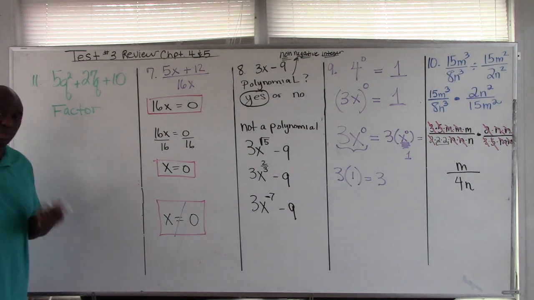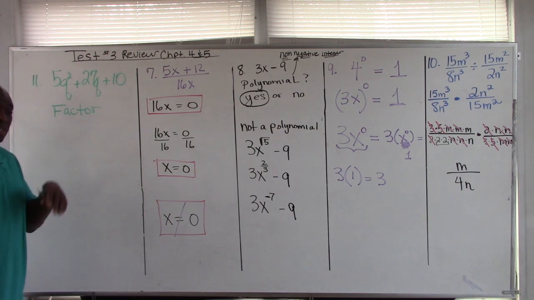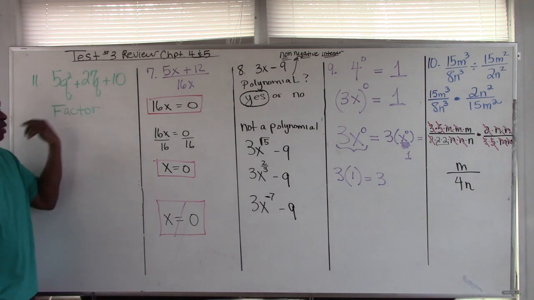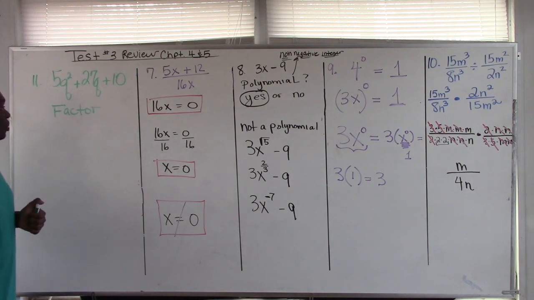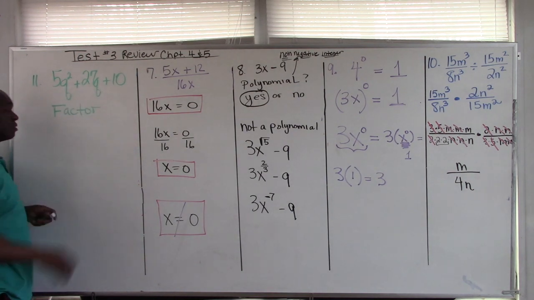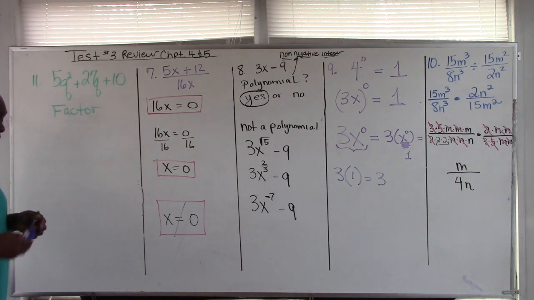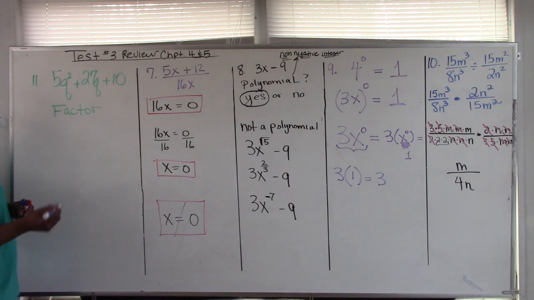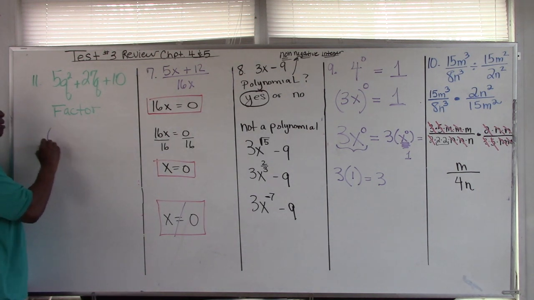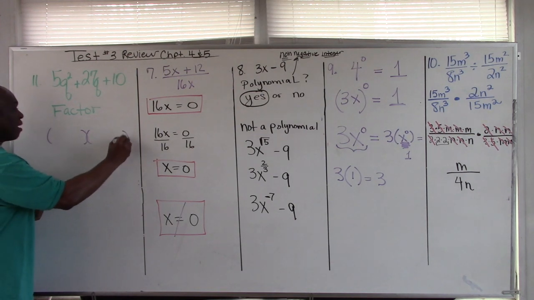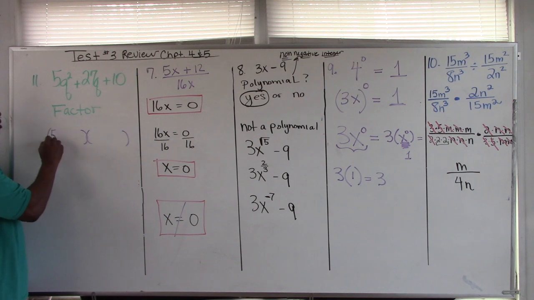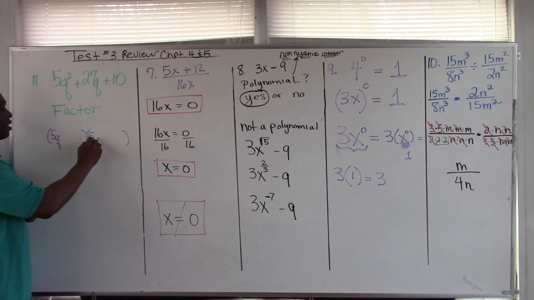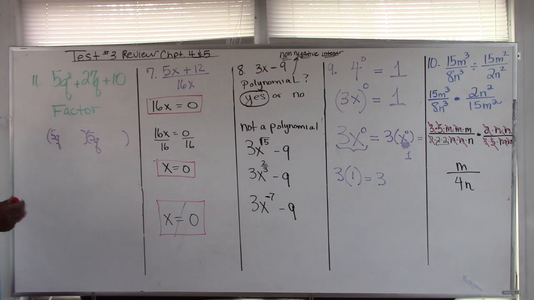It's a trinomial, 3 terms. Do we have a greatest common factor of the coefficients other than 1? 5, 27, 10? No, there is no greatest common factor other than 1, so we're going to leave that alone. In this case, this is trinomial factoring, where we first write our binomials, and we put a 5q here and a 5q there. We need 2 numbers that multiply.